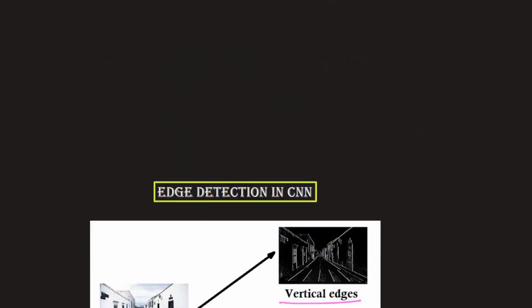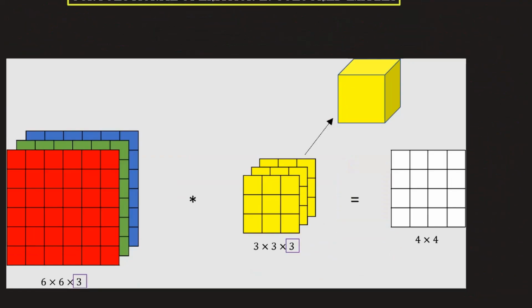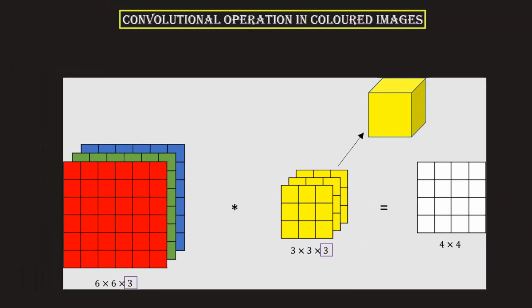And now the last thing that I want to discuss with you is the convolutional operation in colored images. See, previously, in terms of a grayscaled image, we had only one sheet or only one matrix of size 6 by 6, right? But this time, since we are talking about a colored image, instead of being a matrix, this will be a volume of 6 by 6 by 3, because we have 3 sheets or 3 channels that will form a cube like this.